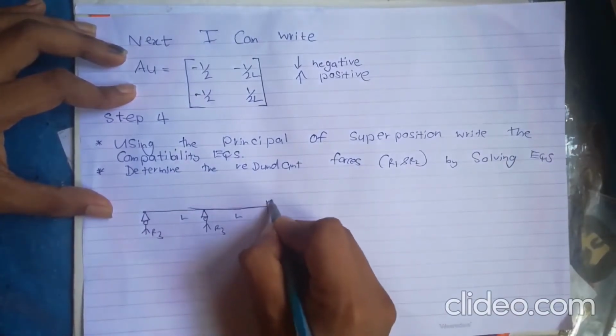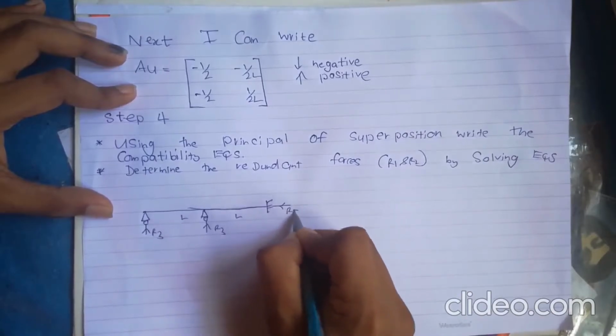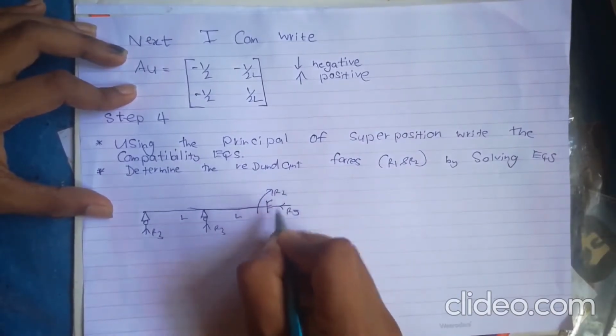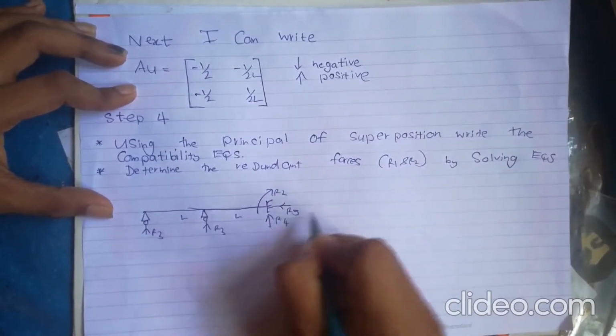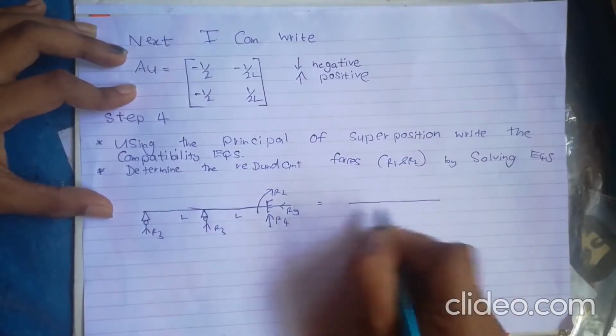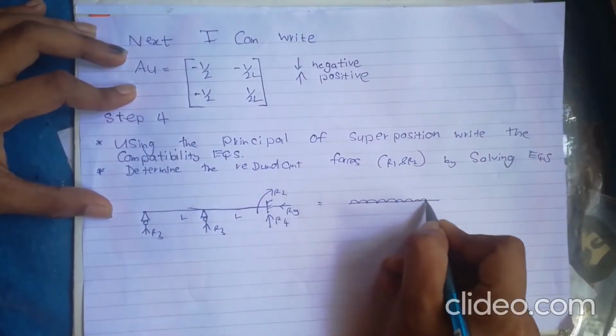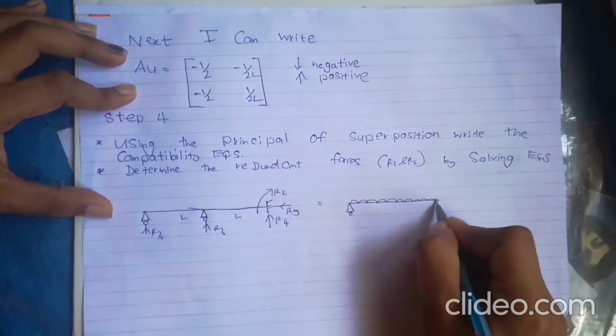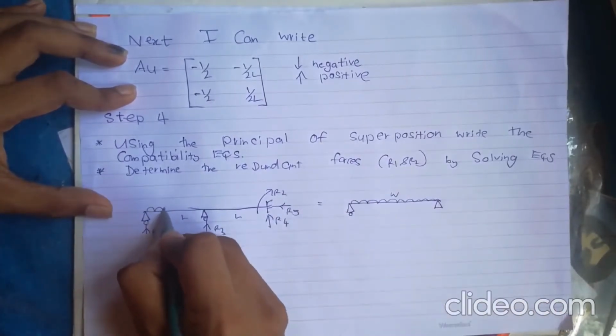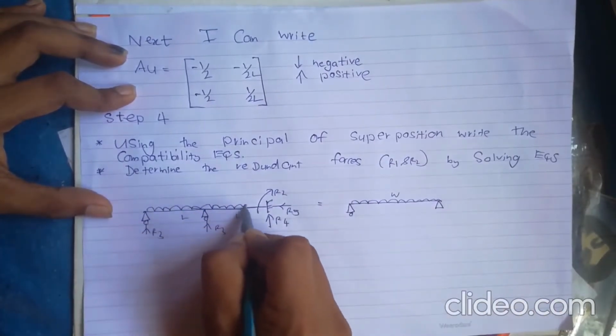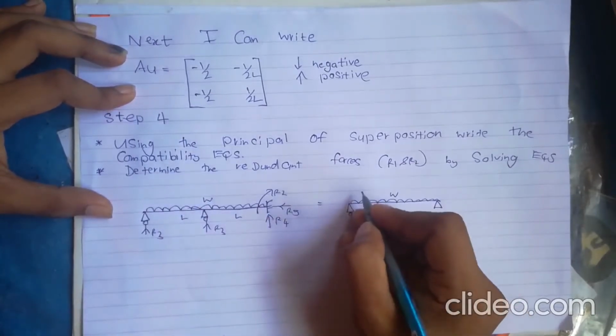Here I draw the relationship of the things which we found earlier. This is the superposition. We have represented the same diagram with the combination of two diagrams.